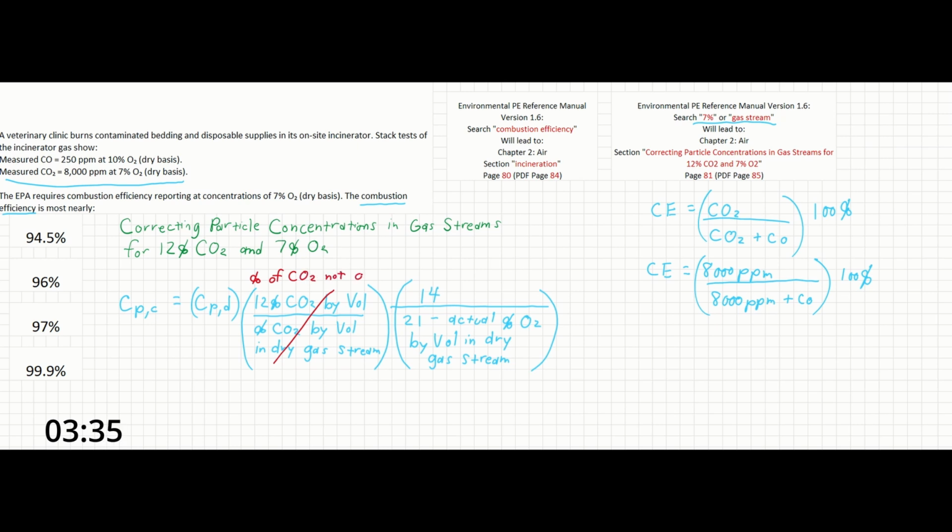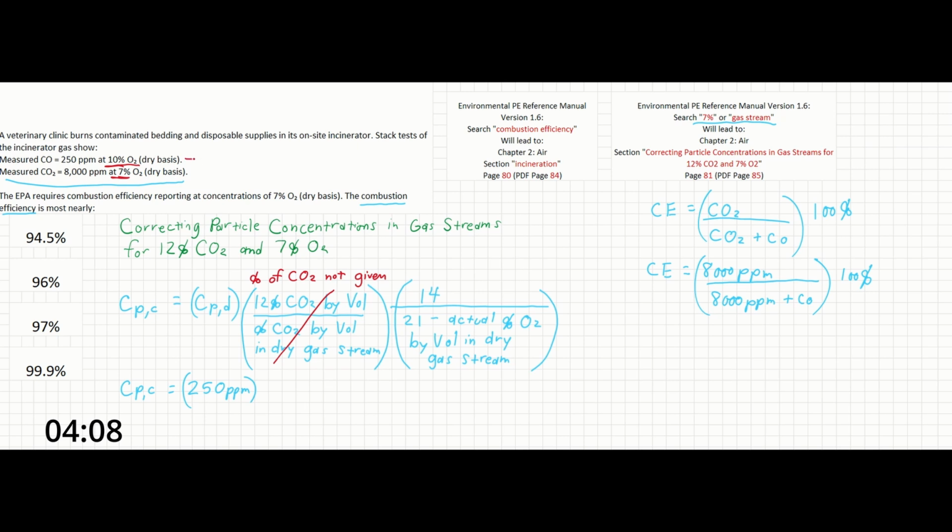So, to fill in this equation, we can substitute the term Cp with the 250 parts per million, since this is the existing mass of the particulates per unit volume of dry gas for CO. And in the problem statement, we can see that that measurement was made at 10% O2, but the EPA requires results reported at 7% O2.